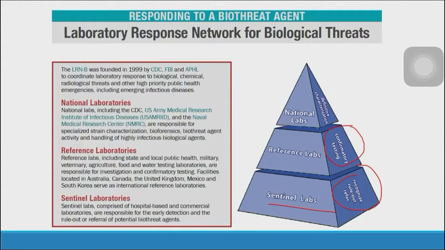And then, if they confirm that it is truly a suspected bioterrorism agent, then i-contact nila Sentinel Laboratories, at ipapadala yung sample sa kanila. Eventually, isa-send nila yun sa National Laboratory for strain characterization, bioforensics, biothreat agent activity, and of course, yung handling mismo. Doon yung ginagawa ng national laboratories.